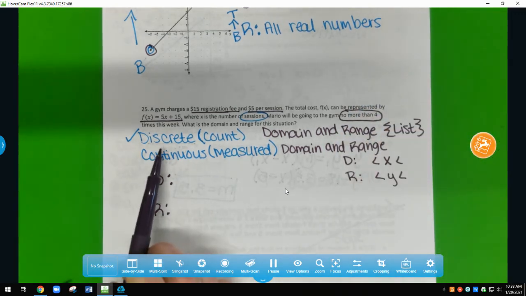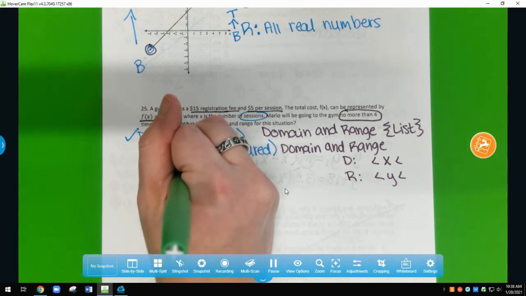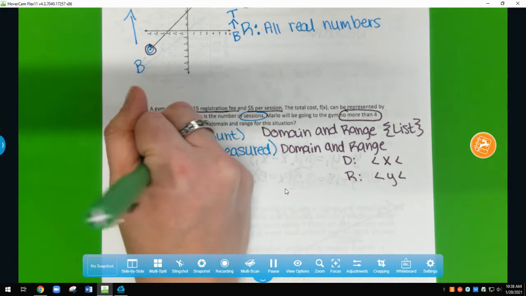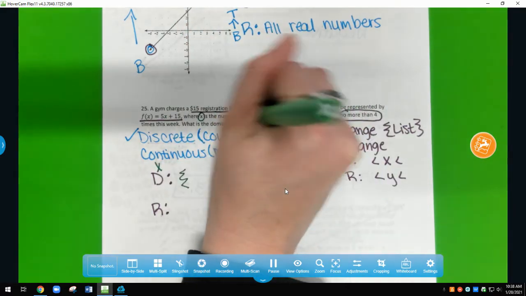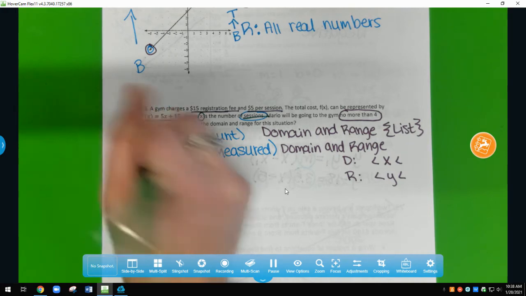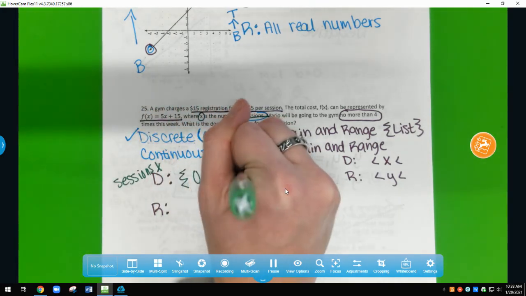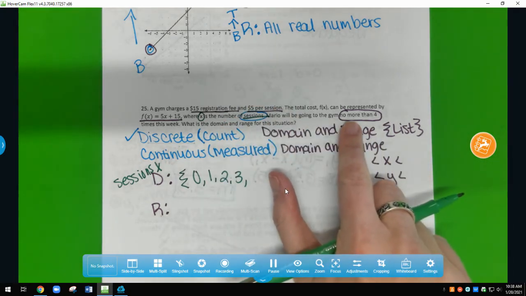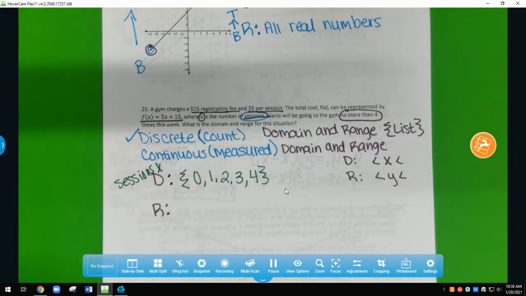But since it's discrete, we're going to go ahead and list out our domain and range. So, for our x's, it tells me that x is the number of sessions. So he can go no times, 1 time, 2, 3. It also tells me he can't go more than 4 times. So 4 is going to end that.